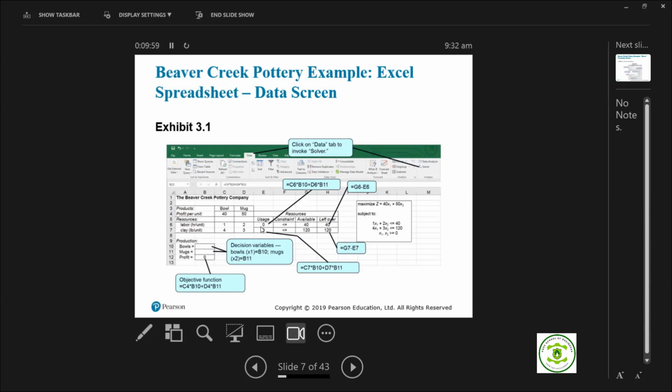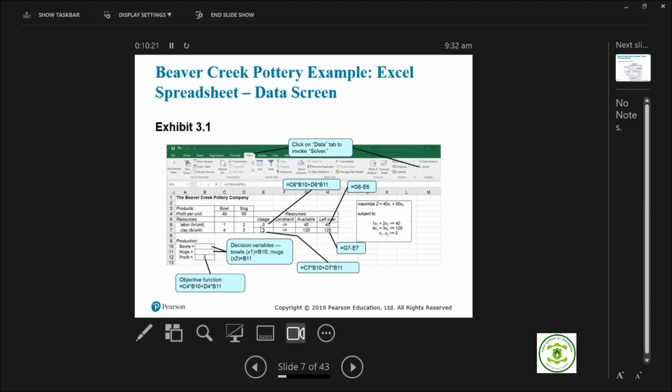So data. You will see the question mark followed by solver, at the extreme left of the screen.